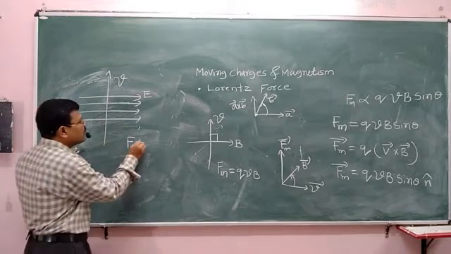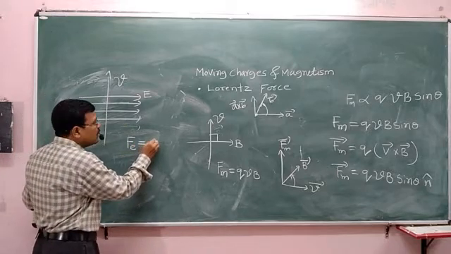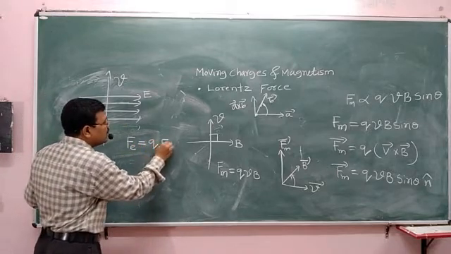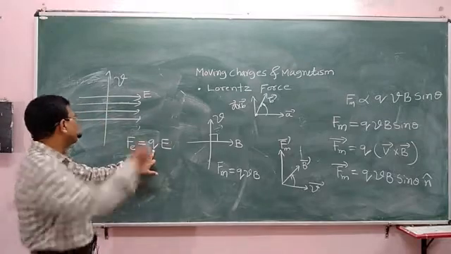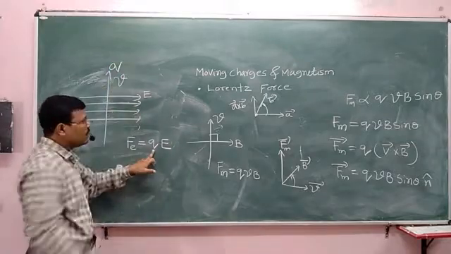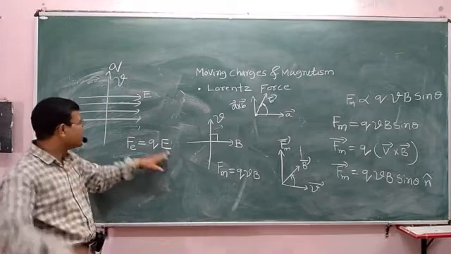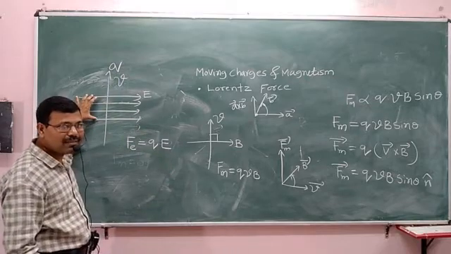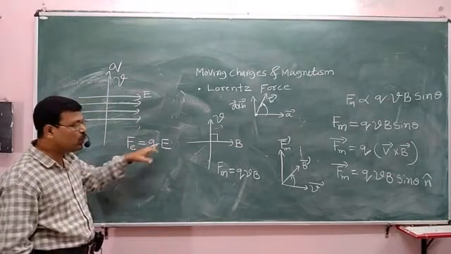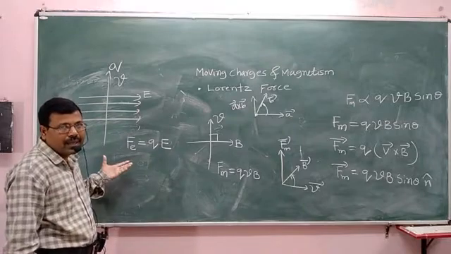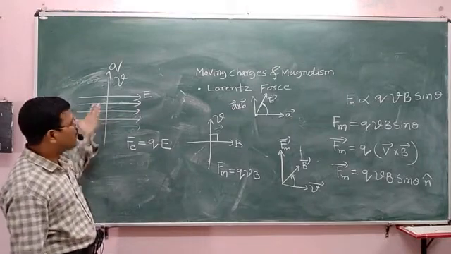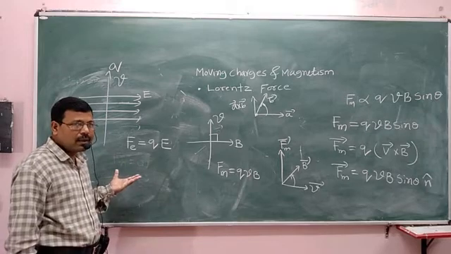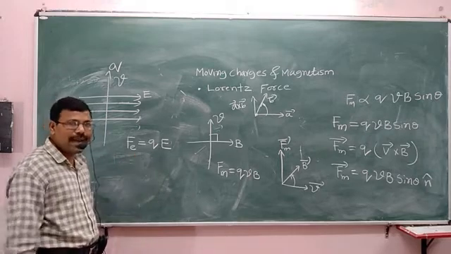And that electric force is equal to Q times E. What is Q? The magnitude of this charge. What is E? E is the strength of this electric field. So Q into E. Here, the force experienced by the charged particle does not depend on the angle.